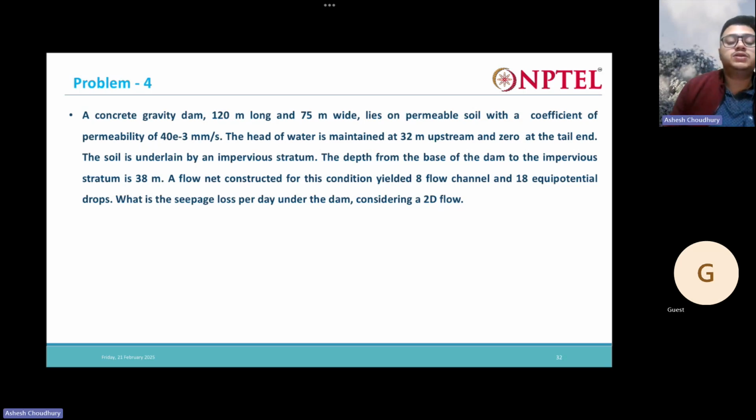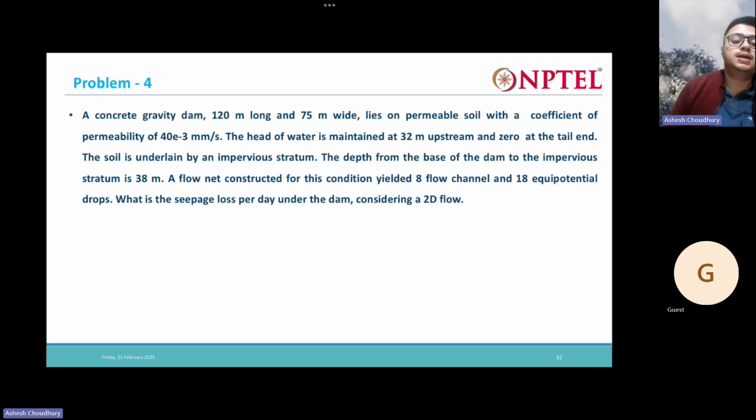A concrete gravity dam 120-meter long and 75-meter wide lies on permeable soil with a coefficient of permeability of 40 into 10 to the power minus 3 millimeters per second. The head of water is maintained at 32-meter upstream and 0 at the tail end.